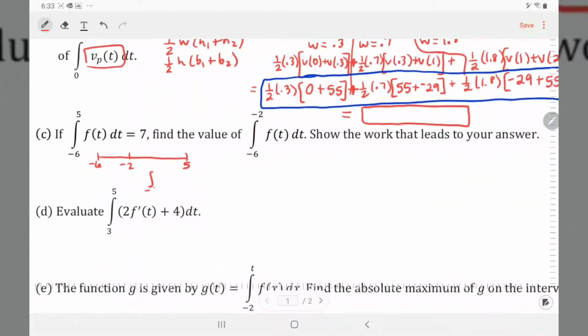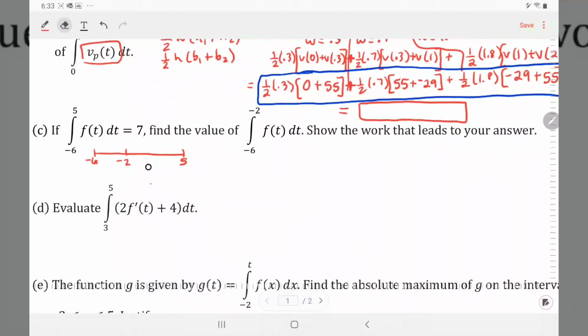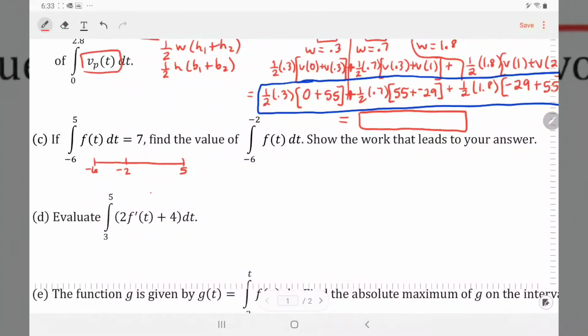I'm going to write the equation over here. So I would say the integral from -6 to -2 of f of t plus the area from -2 to 5, signed area, f of t, equals the integral from -6 to 5 of f of t.